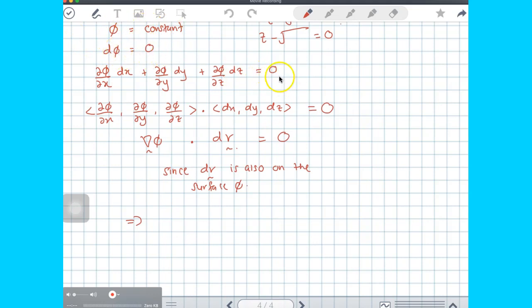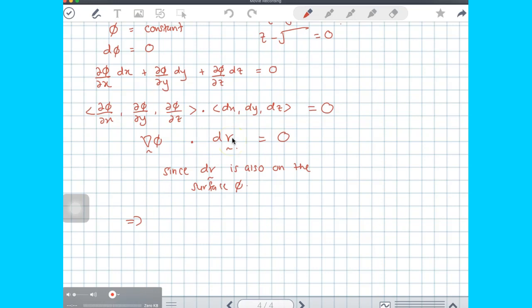So all of this is 0, and this is the dot product between the gradient phi and dr. Because the dot product between them is 0, we can say that the gradient phi and the tangent vector are perpendicular.